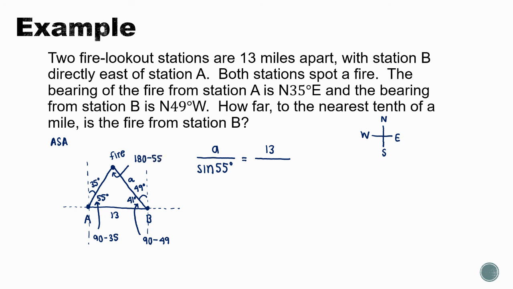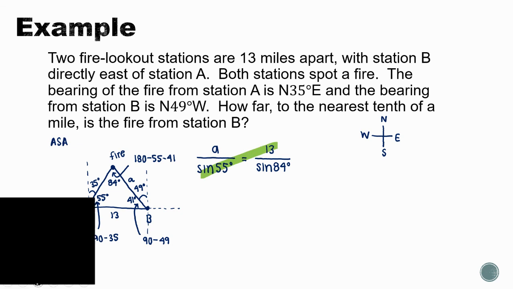So if we subtract 55 and 41 from 180, that will get us the angle that we need for this problem. That is an 84-degree angle. So we are going to divide by the sine of 84 degrees. Now we can start solving for a. We are going to cross multiply.